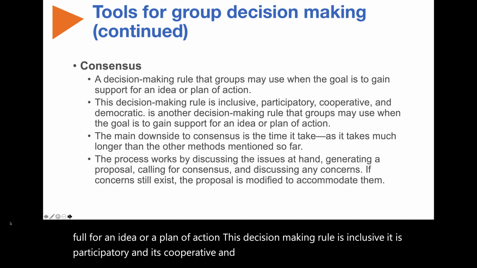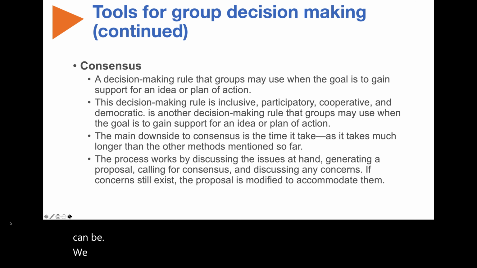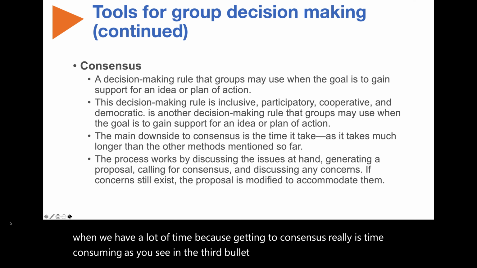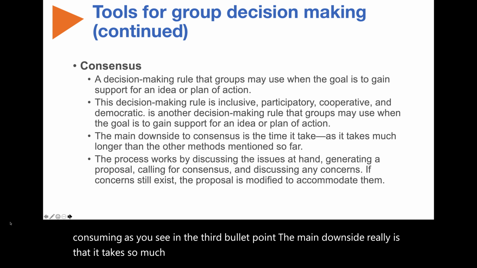So this one we can use when we have a lot of information that can be shared, and also when we have a lot of time, because getting to consensus really is time consuming, as you see in the third bullet point. The main downside really is that it takes so much time, more time than any of the other options we've talked about.